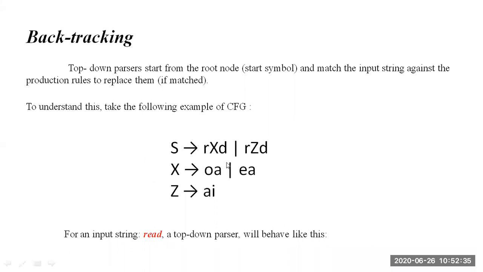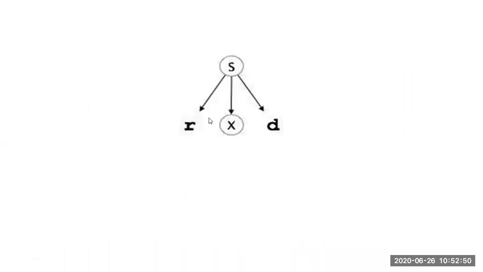S is the start symbol, and S has two options. What backtracking will do is take the first production rule, S implies RXD. So first we take the start symbol S, and the first option is RXD. Clear? Non-terminal X is there.